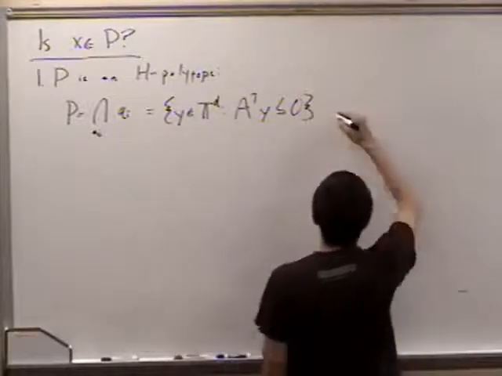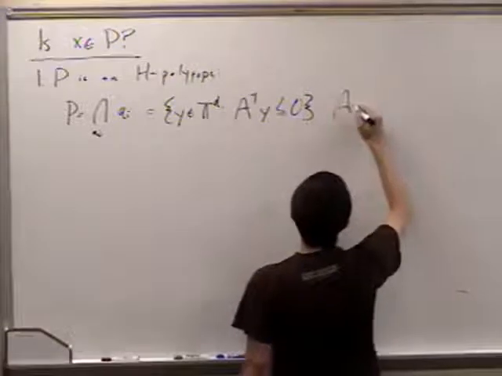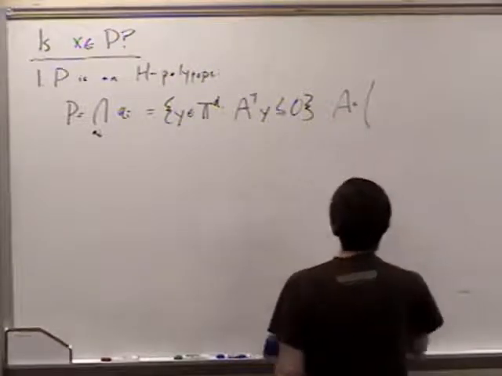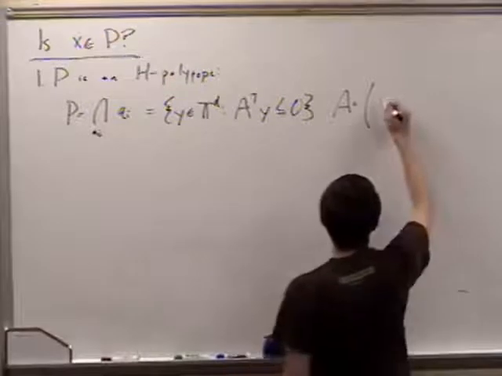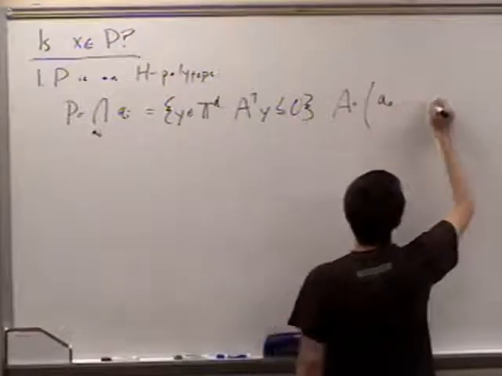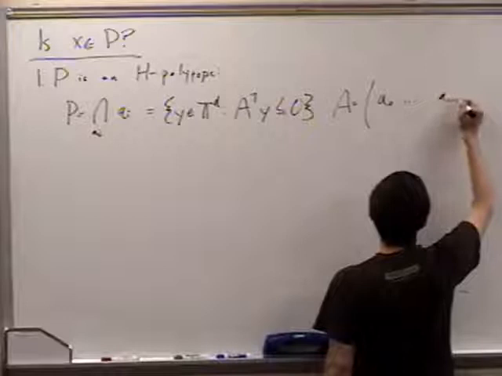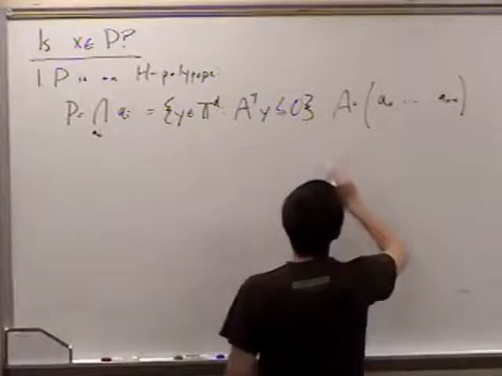By convention, for the rest of today, we're going to be calling this matrix A a matrix whose columns are just these A_i. So we'll say A_0, all the way up to A_{n-1}.